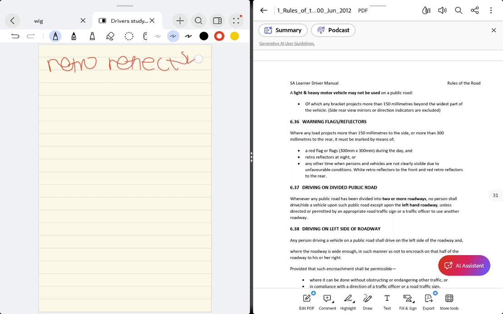And if that is not there, there needs to be a white retro reflector at the front and a red one at the back.